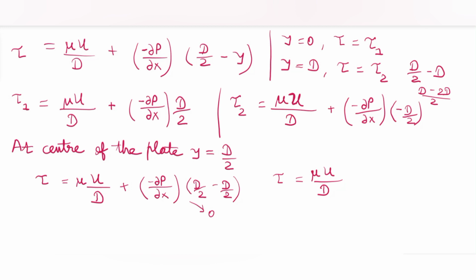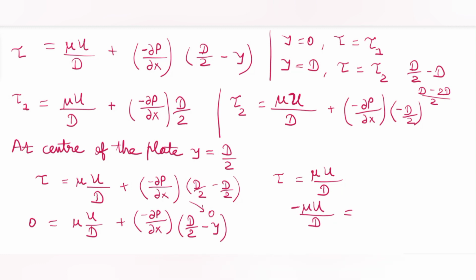Now we have to calculate the distance at which the shear stress becomes 0. So we'll place tau is equal to 0 and we'll find y. Therefore we get 0 is equal to mu U by d plus minus del p by del x into (d by 2 minus y). Minus mu U by d is equal to minus del p by del x into (d by 2 minus y).